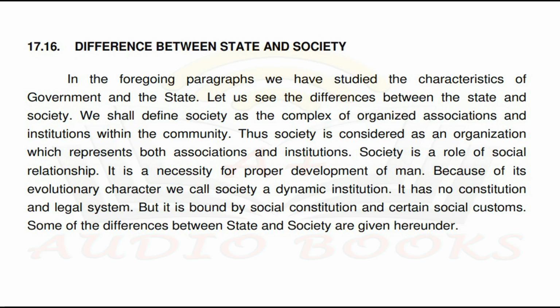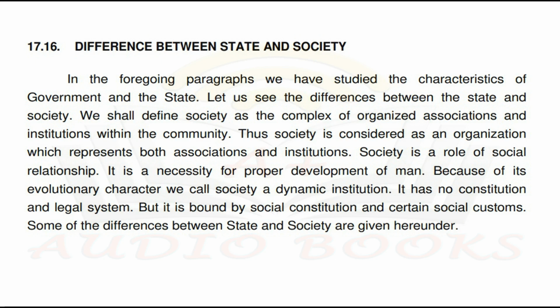Difference between state and society. In the foregoing paragraphs, we have studied the characteristics of government and the state. Let us see the differences between the state and society. We shall define society as the complex of organized associations and institutions within the community. Thus, society is considered as an organization which represents both associations and institutions.